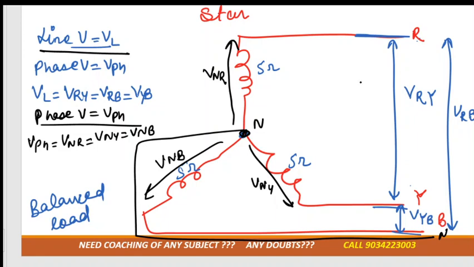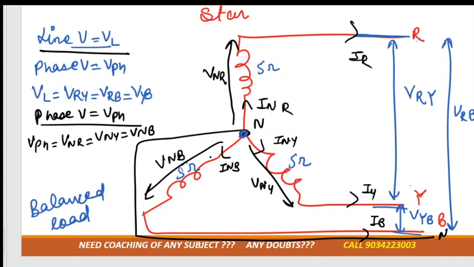Similarly, we did this for the current as well. Line current is the current across the line, that is IR, IY and IB, and phase current is the current across the phase, that is INR, INY and INB. So now tell me, in this case, would the line voltage and phase voltage be equal or unequal?